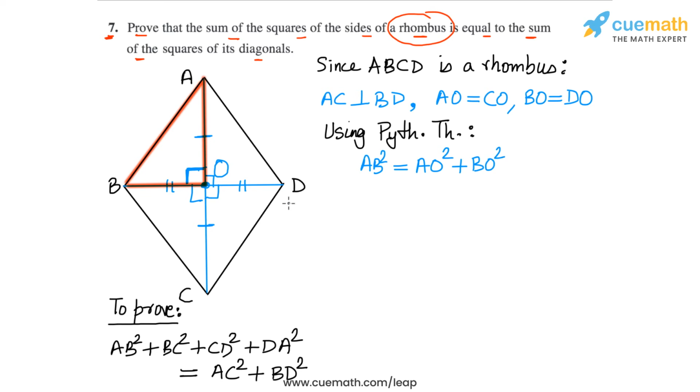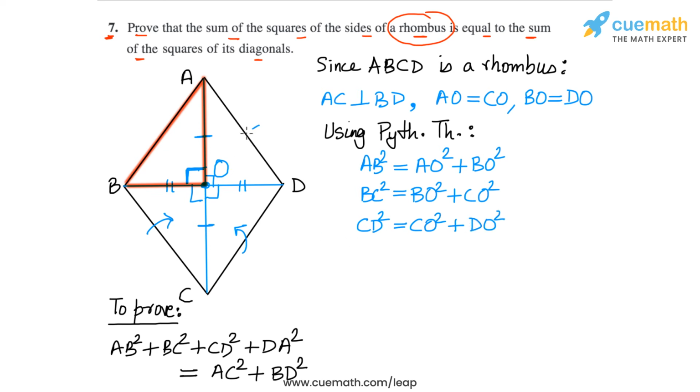Correct? Similarly, for triangle BOC, which I'm not highlighting, but this triangle here, we can say that BC square will be equal to BO square plus CO square. And then for this triangle COD, we will have CD square is equal to CO square plus DO square.